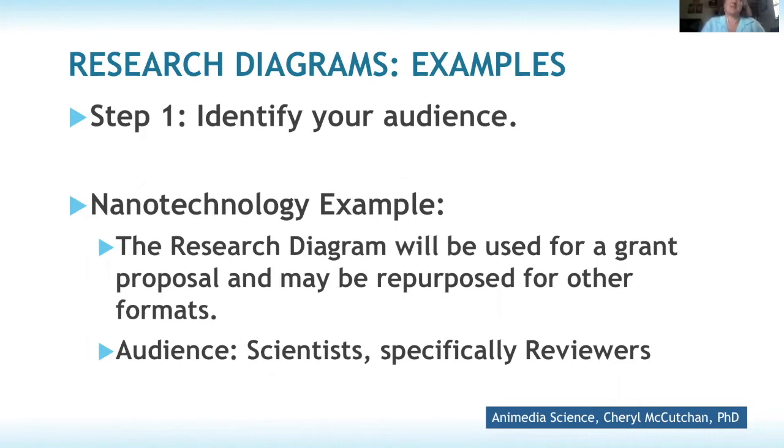The people who were going to read this were the reviewers of the proposal, and he intended it to be used for some different audiences also. But he knew that he was going to have reviewers who are scientists, most likely some of them in his field and some a little tangential to his field. So he could include jargon, because many of the people who read his proposal had experience in his area of research.